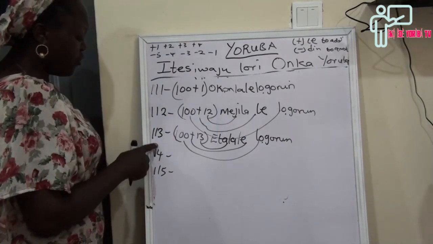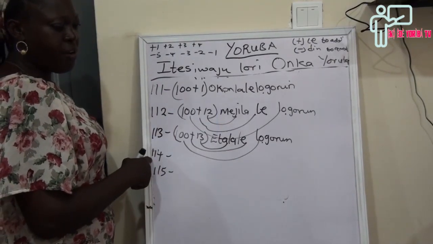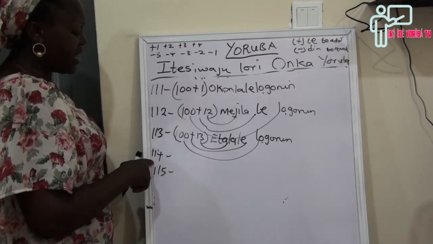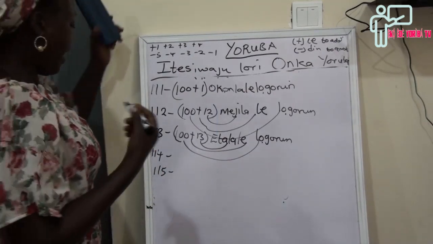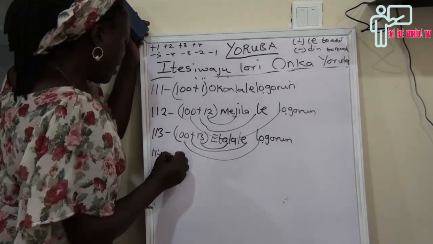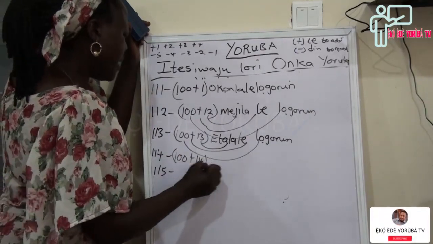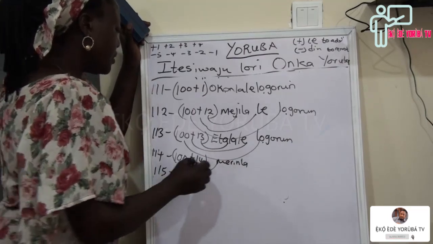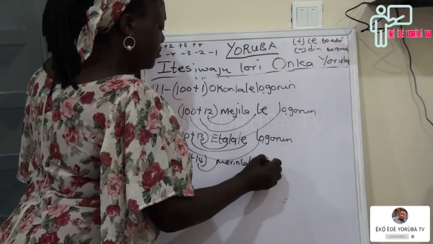And this one is also 14. 114. Ẹ̀rìnlá lé, I said that 14 is ẹ̀rìnlá. So we can say 100 plus 14. Mẹ́rìnlá lé lọ́gọ́rùn-ún.